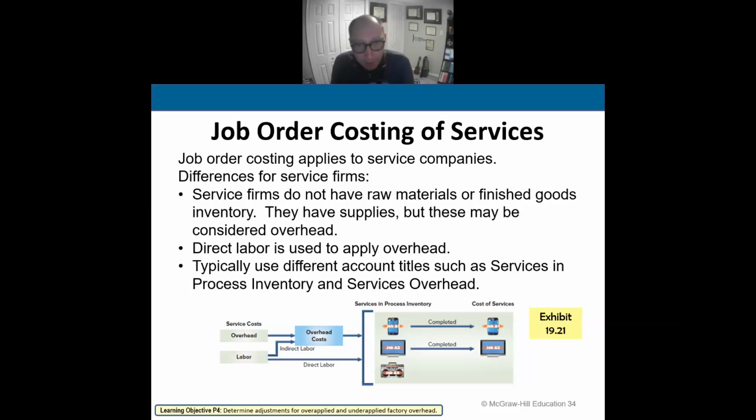They do have direct labor and they do have direct materials, but service companies treat their overhead with respect to the materials used for their respective customers. So services are a lot different than manufacturing companies.